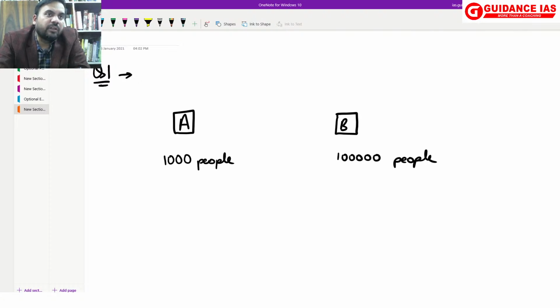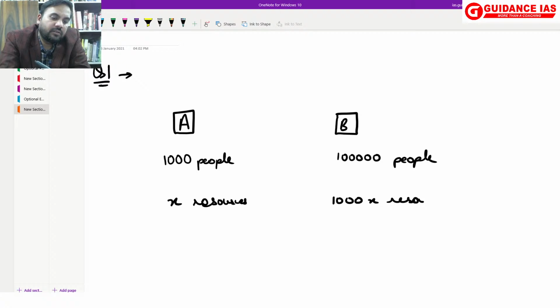We require more information. So if I now give you more information, here this is the population. In case of A, there are X resources available. And in case of B, there are 1000X resources available.